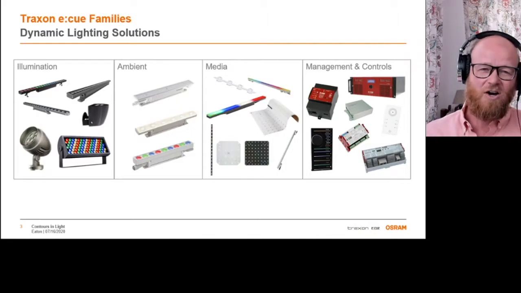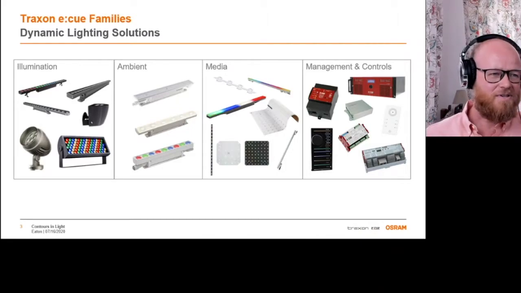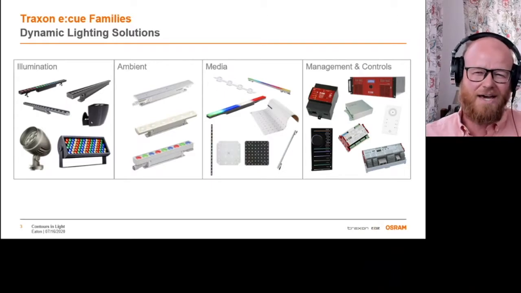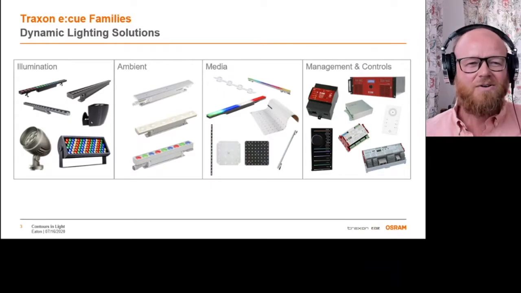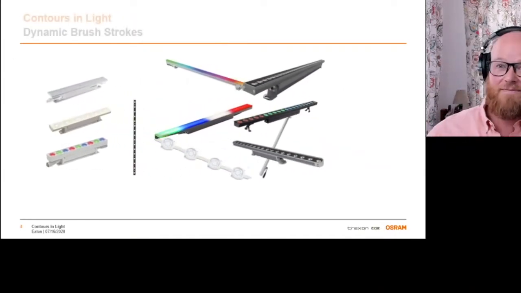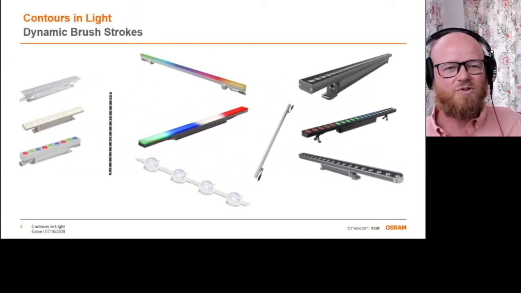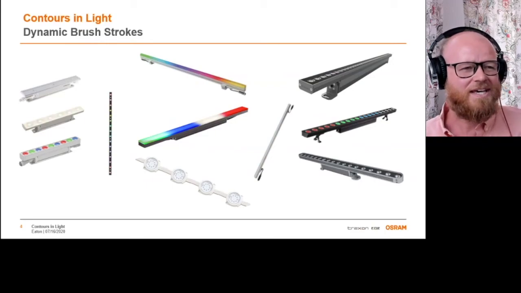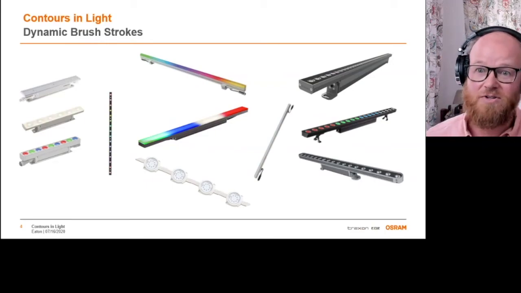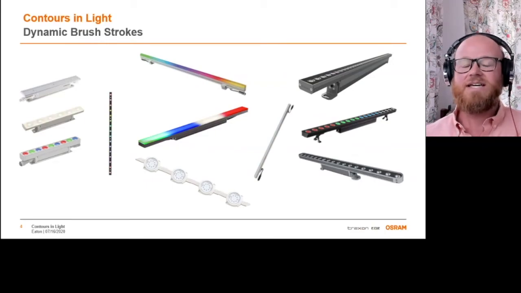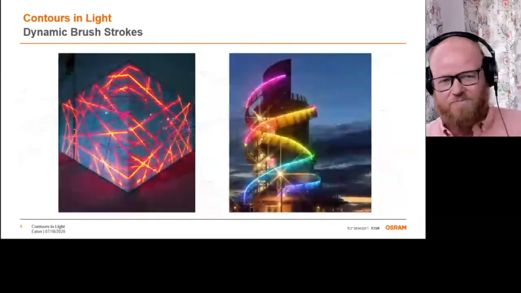Today, we're going to be talking about lines of light, the contours of architecture. For that, we're going to borrow a little bit from all of our categories to look at how we can use these simple brushstrokes to create really exciting installations.